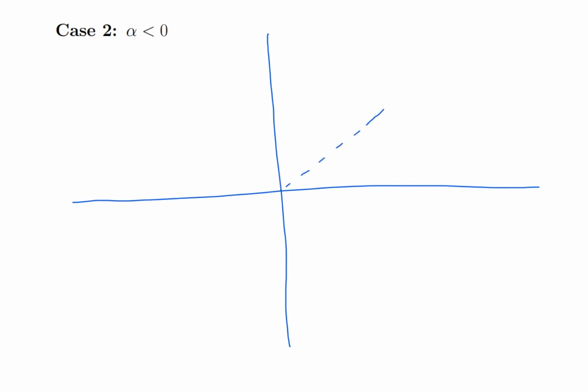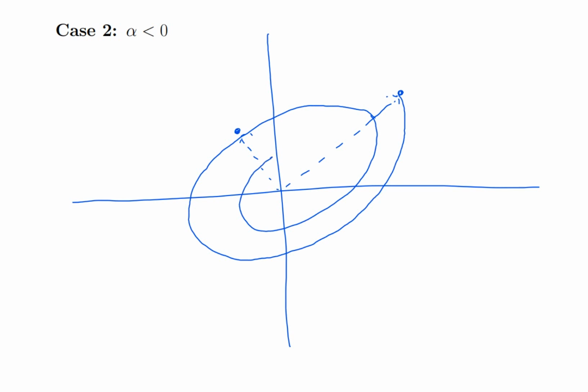If A was here and B was here, by the time I've gone around one period, I've shrunk by a factor e to the alpha t, where t is the period. When I go around, I've shrunk more, and I get a spiral.